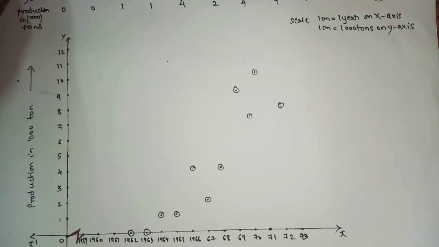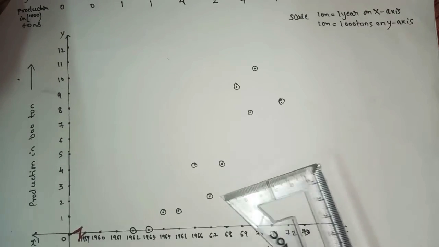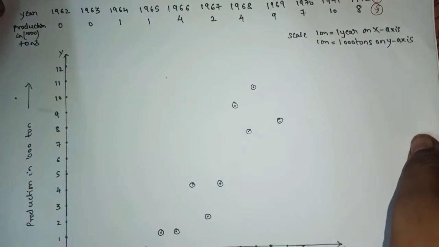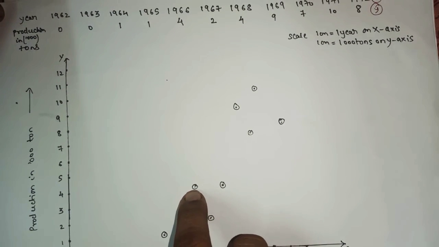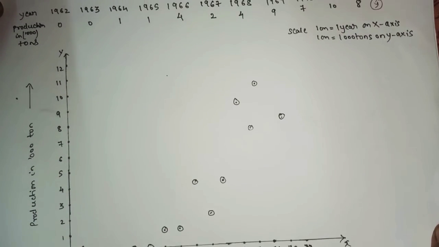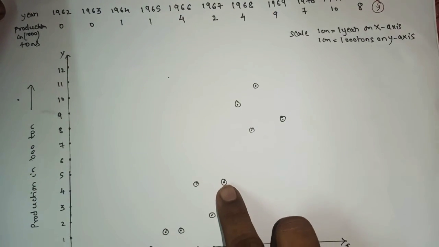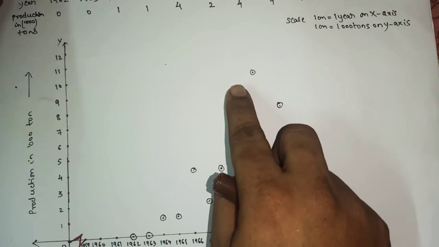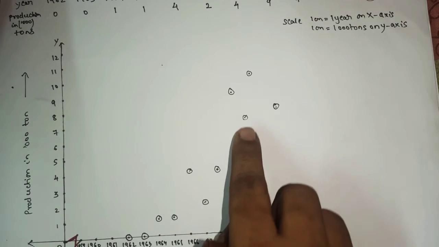Take the help of a scale while plotting the point. Next is 1966. 1966 is 4. 67 is 2. 68 is 4. 69 is 9. 70 is 7.